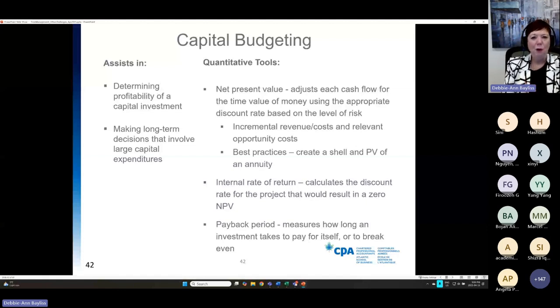So a best practice is to make sure that you understand, and create yourself a shell. I don't call it a template, I call it a shell, of what normally should be in year 0. Where and how should you be handling working capital? How do you handle salvage value?